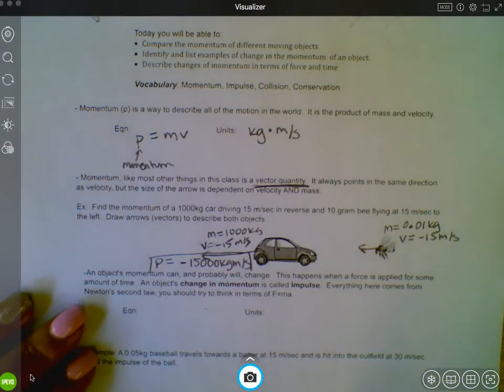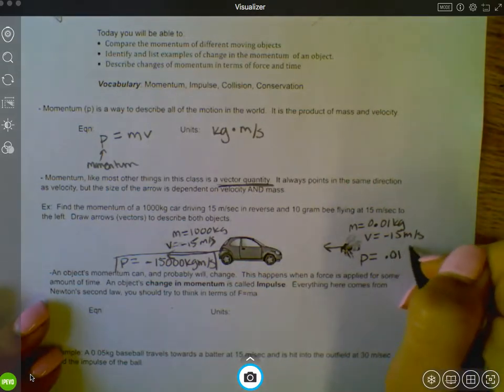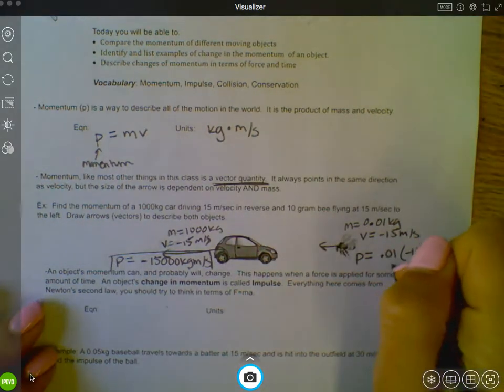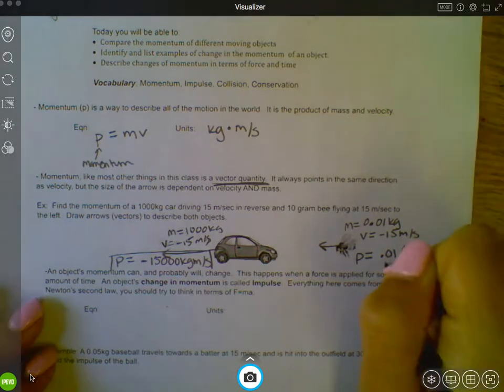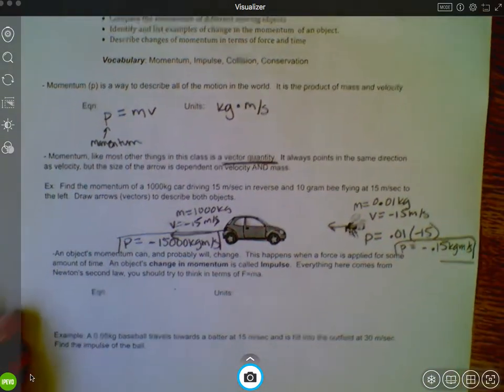For the bee, same equation, 0.01 times negative 15, and we get P equals negative 0.15 kilogram meters per second. So that's how you solve for momentum.